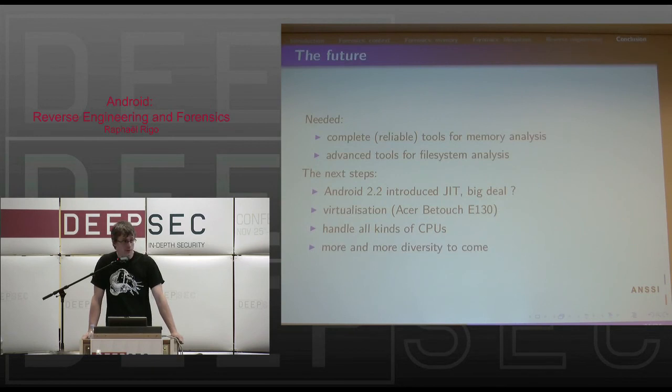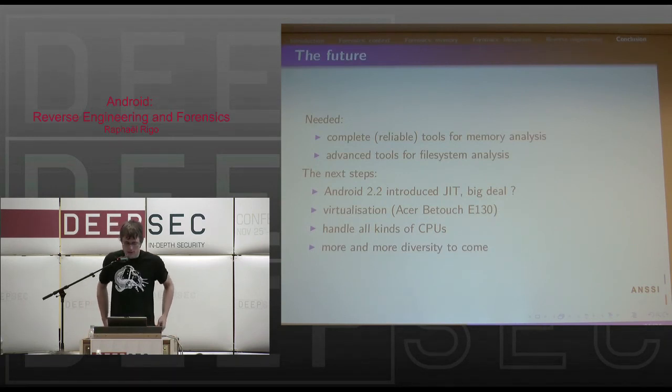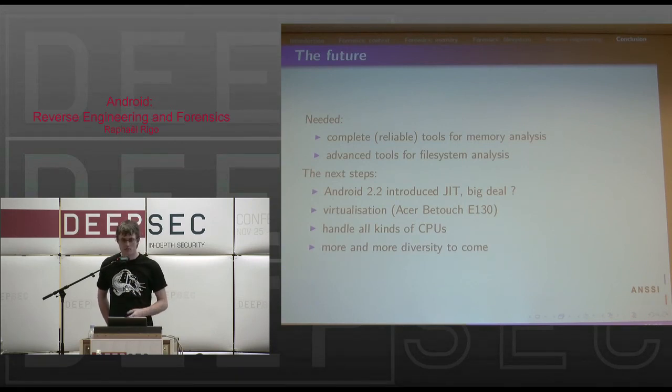So in the future, unfortunately, we still need complete and particularly reliable tools for memory analysis, because right now we are kind of short of tools. And for file system analysis, you only have tools to unpack the file system, but you don't have undelete capabilities, you don't have advanced analysis to recover information.